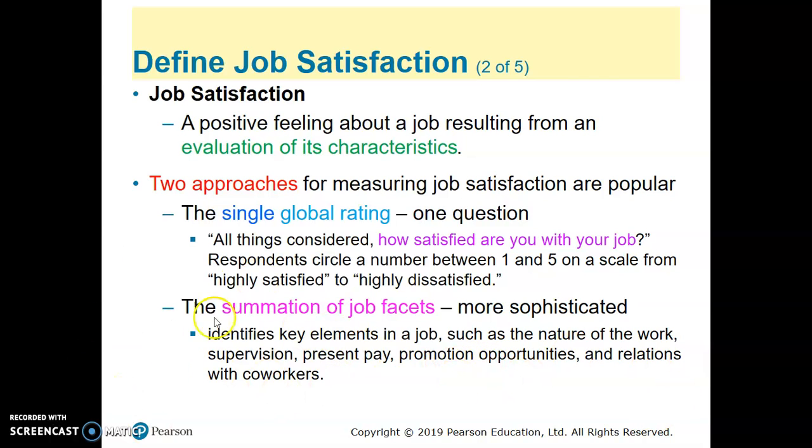The summation of these elements is used to determine whether the employee is really satisfied with their job or not.